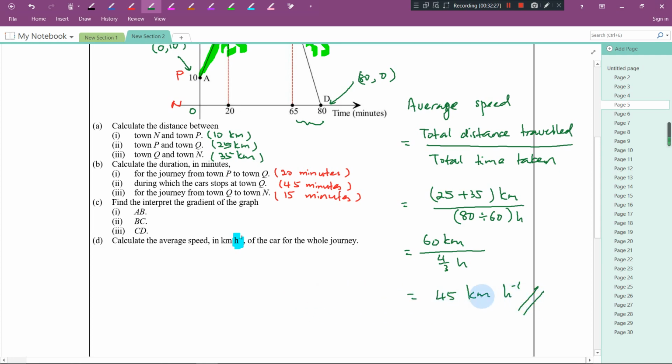Okay, if you don't want to give this way, you can also give your answer in this way. These two are the same thing, but if you write this way, this is not correct. Okay, if you put a slash here, you don't have to put a -1. If you don't want to put a slash here, you have to put -1.